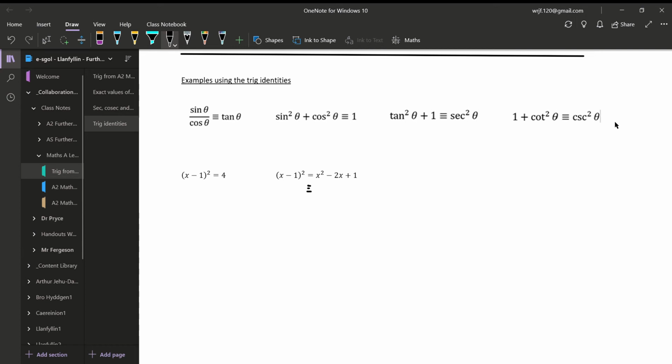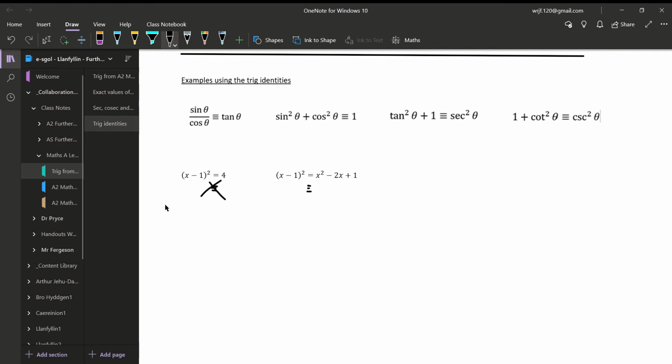This would not be the case for the left hand one. I can't write the three lines there. That would be incorrect because it's not true that (x minus 1) all squared is the same as 4 for every value of x. So that's just to remind you about and illustrate the difference between an equation and an identity.